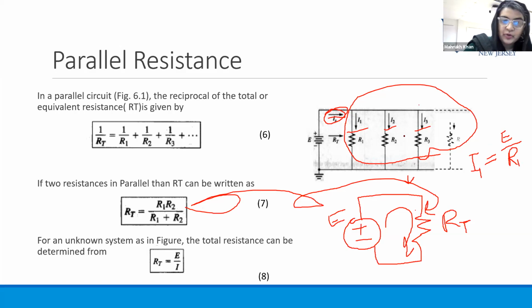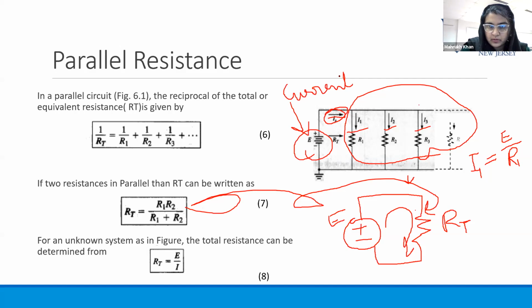But, okay, so how you will find it through simulation? Through simulation, if you have 2 resistances in parallel, you will put your current probe here. Here you will have your current probe, and it should give you the total current, right? Current probe, and it should give you I.